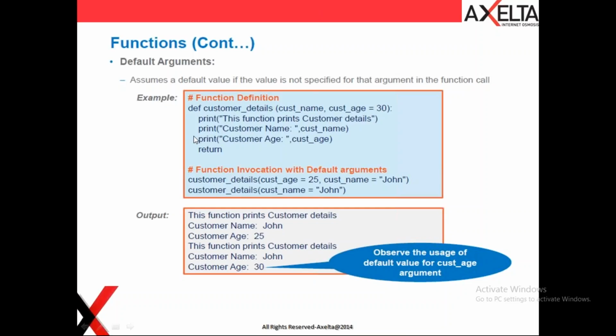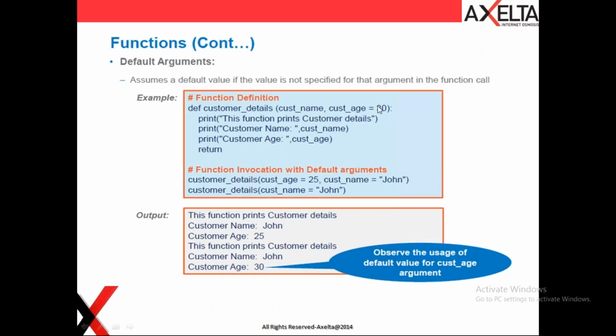Suppose you are not interested in giving two values, you want to fix some value to the parameter, that is your requirement. Whether the person is giving the value or not, you want to fix some value to that. See here, customer name and customer age.